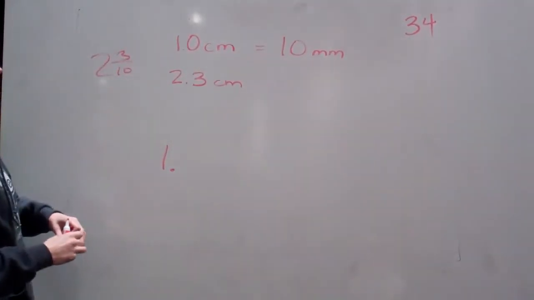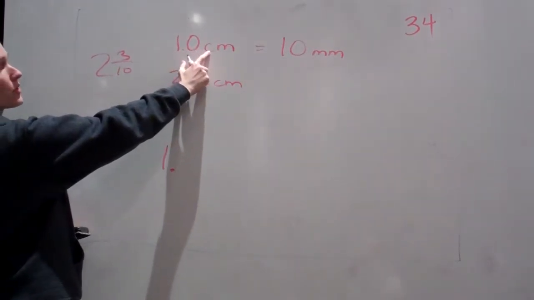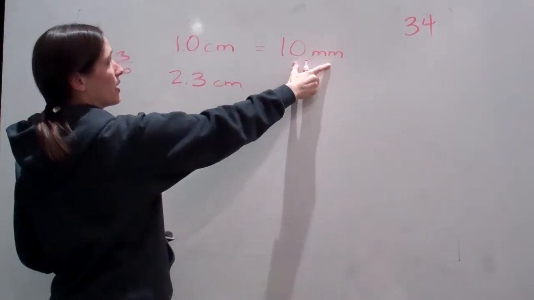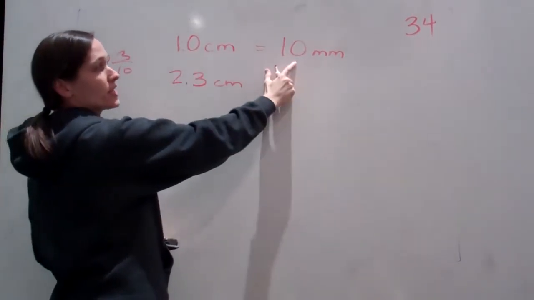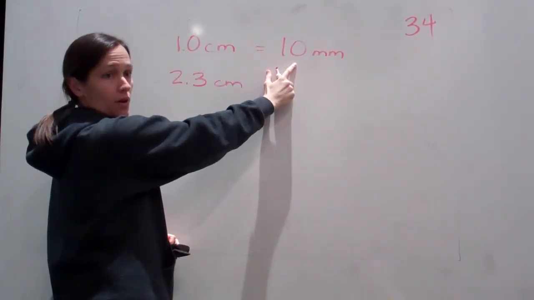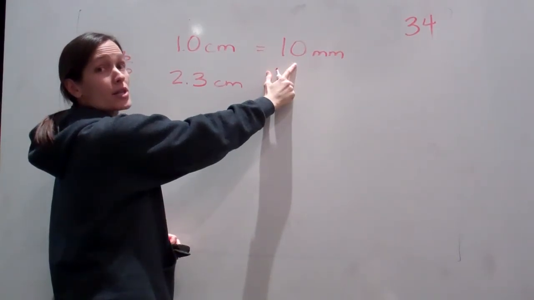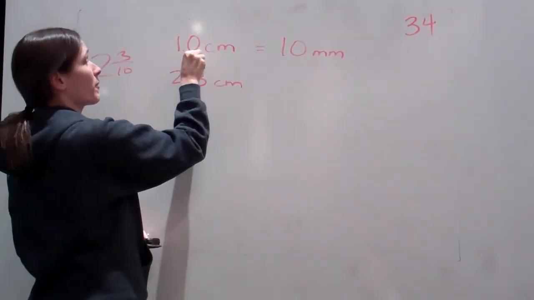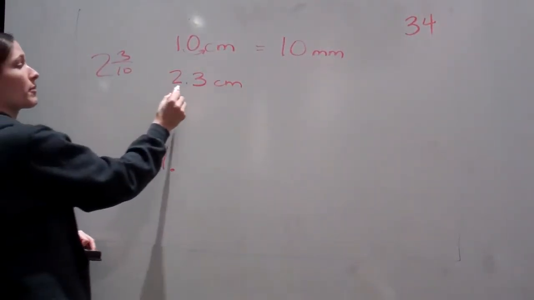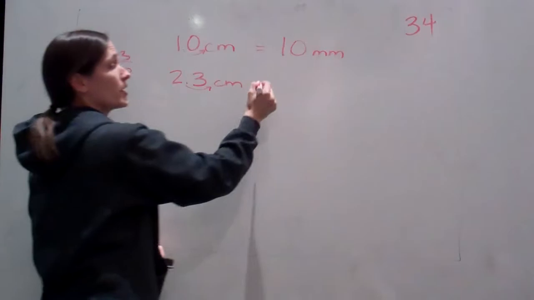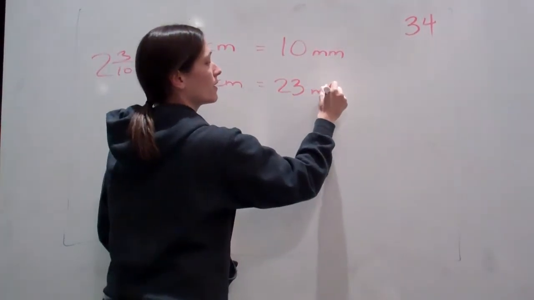Now, if I have 1.0 centimeters equals 10 millimeters, what can I do? What happened with my decimal from here to here? It goes over. How many spots? 1. So I'm going to go from here to make it look like that.